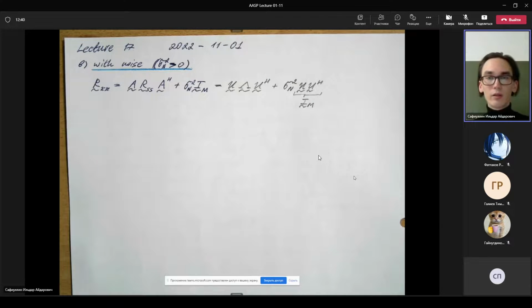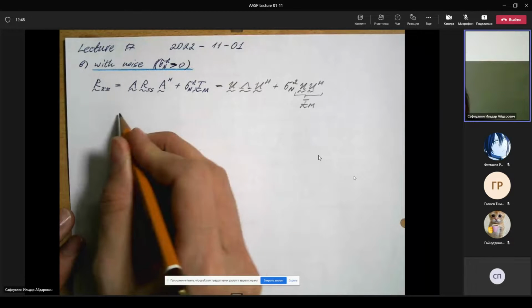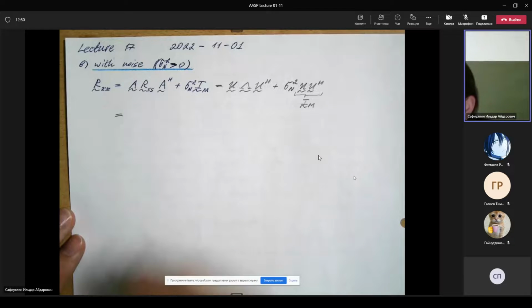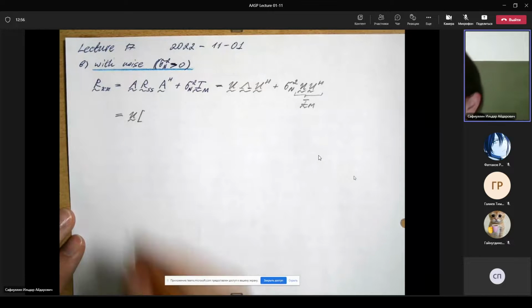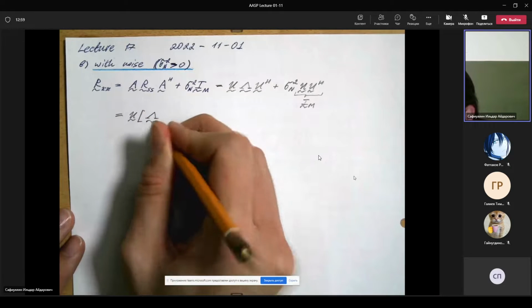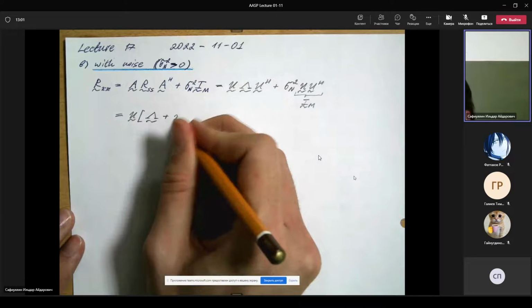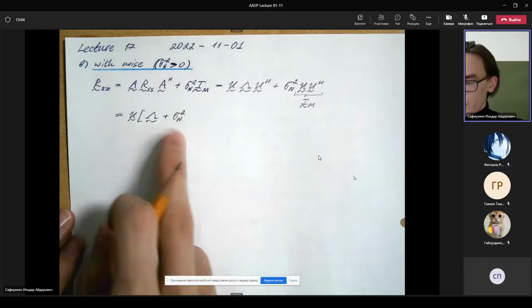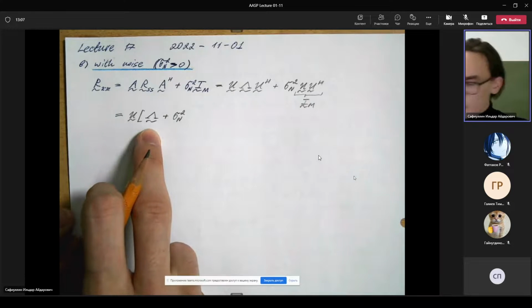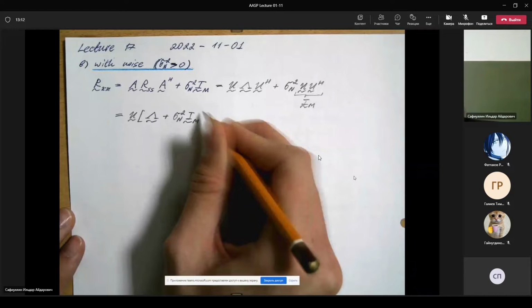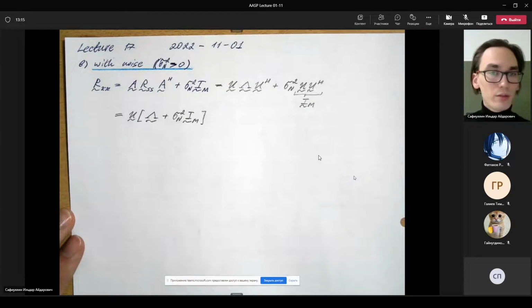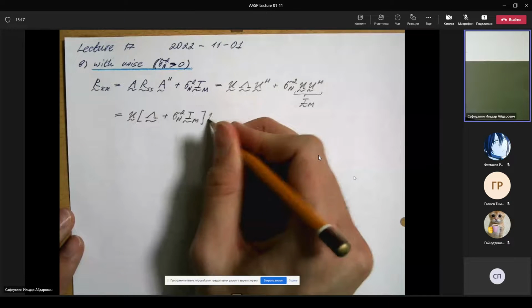Then, of course, we can move U to the left side and U Hermitian to the right side, and we will have that Rxx is equal to U, open the bracket, lambda plus sigma squared, but since we first have a matrix here, we need to add the identity matrix of size M, and the last element is U Hermitian.